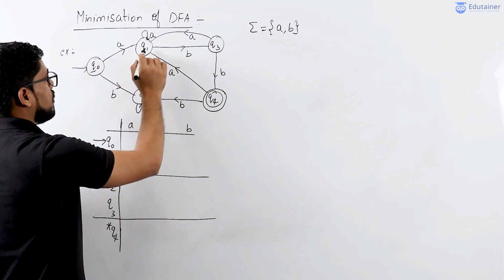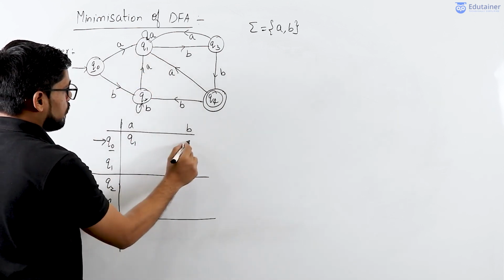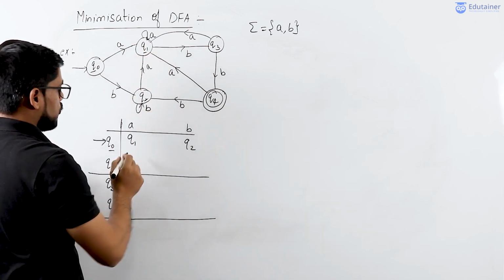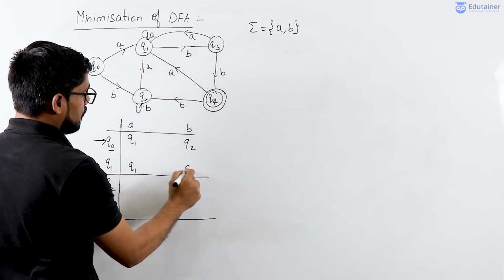Q0 on seeing small a will go to Q1, on seeing small b will go to Q2. Q1 on input a will go to Q1 itself, and on b it will go to Q3.